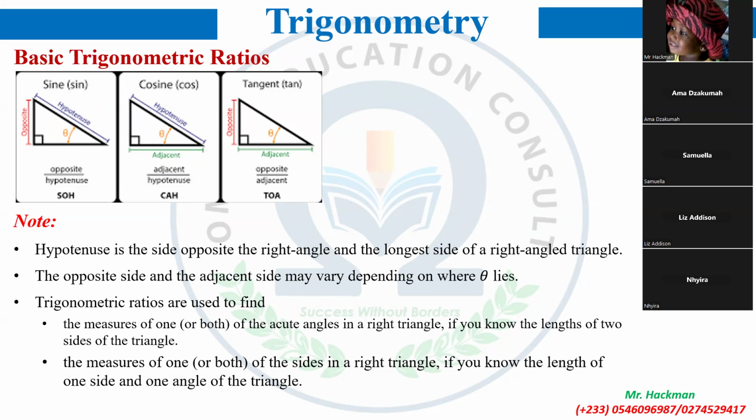So in this case, we know the mnemonics that I said, so katwa. So this mnemonic that you have here basically is to help you know the ratio for sine, that of the cos and that of the tan, with respect to the sides of the triangle. So whenever you have sine, and remember we said there will be these three functions, and every function will depend on a particular quantity.